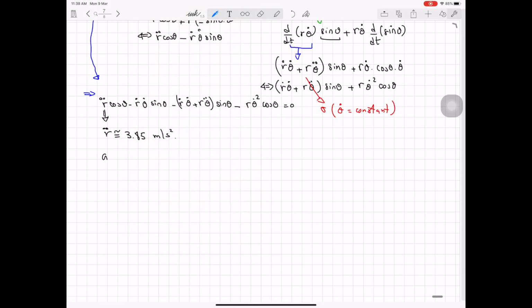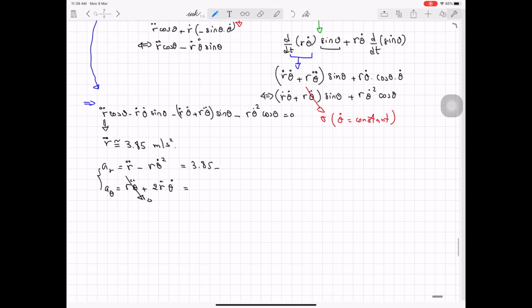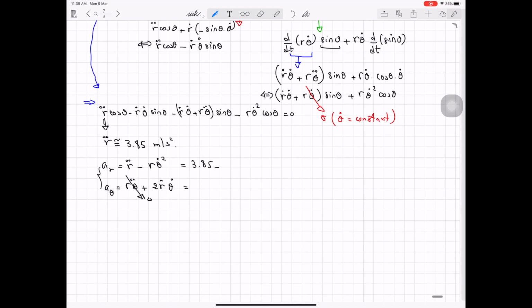AR is equal to R double dot minus R theta dot squared, and A theta is equal to R theta double dot plus 2 times R dot theta dot. Again, theta double dot is 0. So AR should be equal to 3.85 minus R, we calculate R equal to 0.577, times theta dot, which is 2, squared.